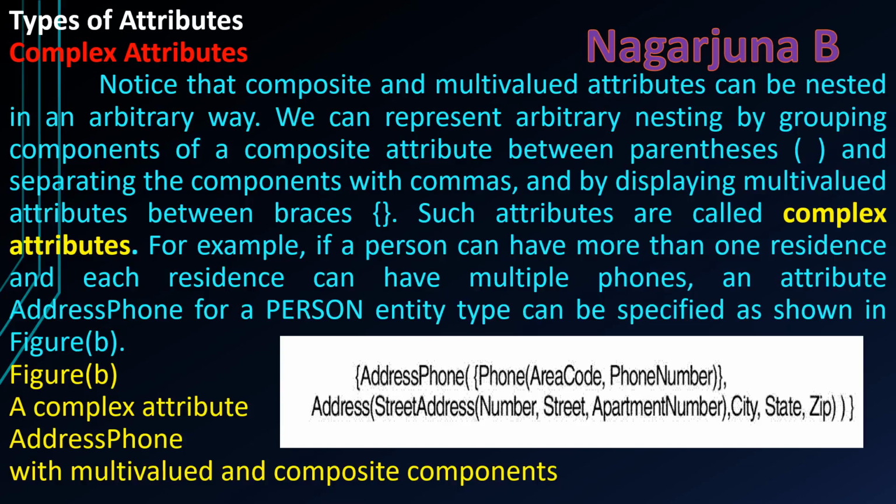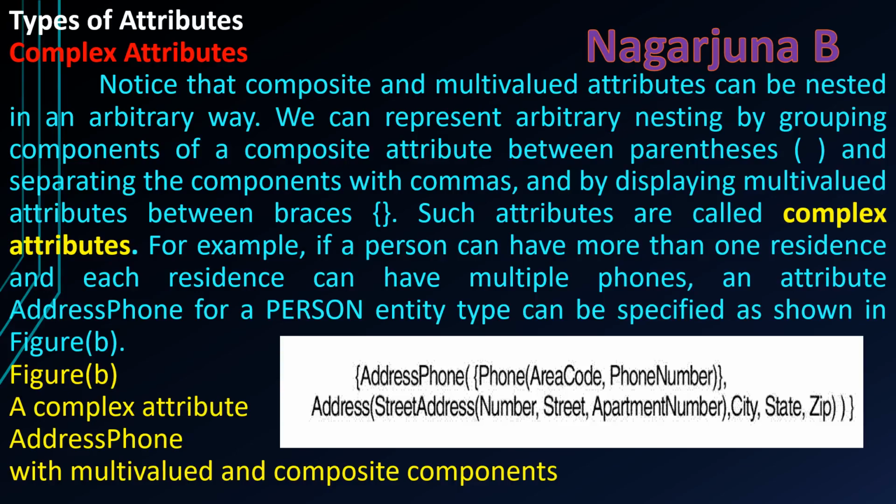Within the curly bracket, AddressPhone, and again within the small bracket, we open a curly bracket, Phone, again within the small bracket, AreaCode, comma, PhoneNumber, close the small bracket, close the curly bracket, comma, Address. In that, again Street_address, and in Street_address again Number, comma, Street, comma, Apartment_number, close the parenthesis, comma, City, comma, State, comma, Zip, close the bracket, again close the bracket, close the curly brace.